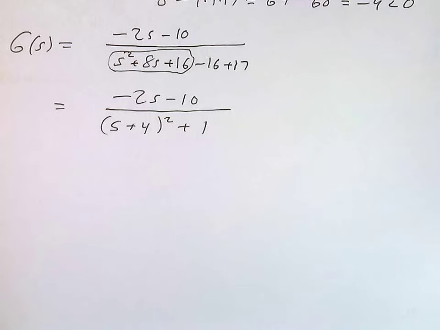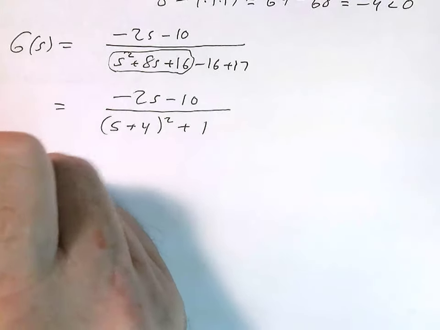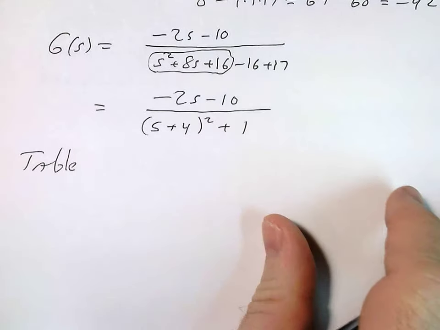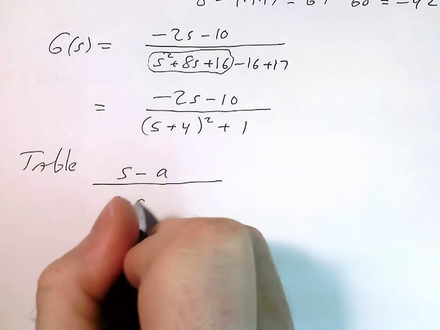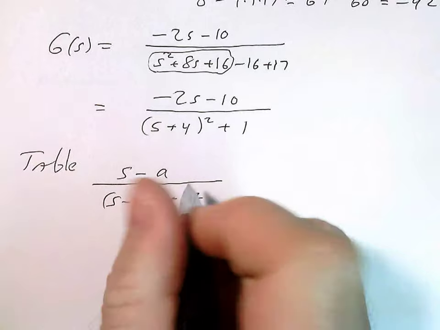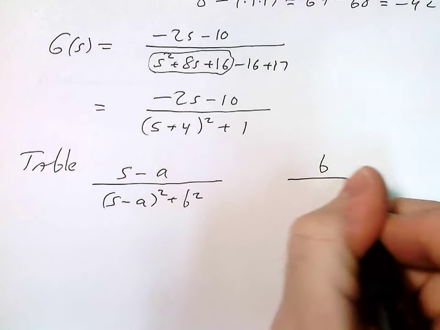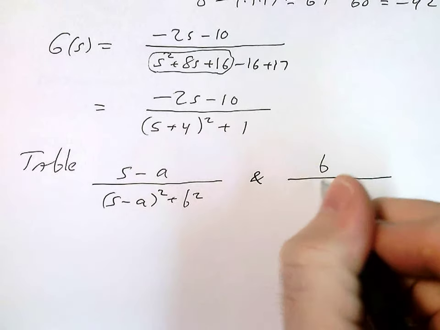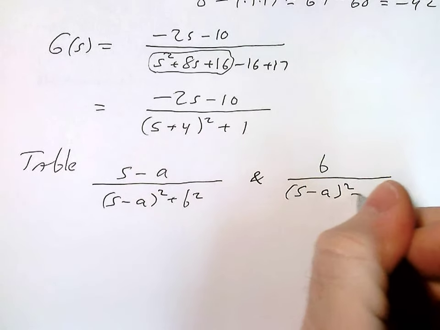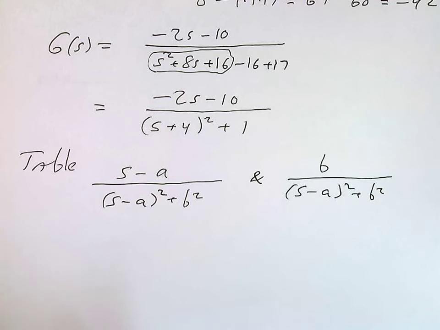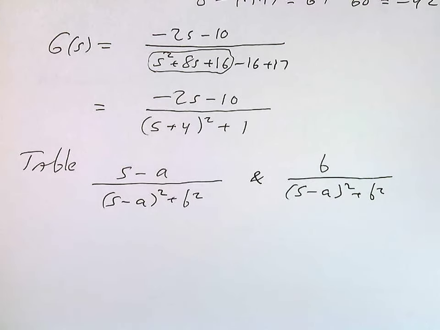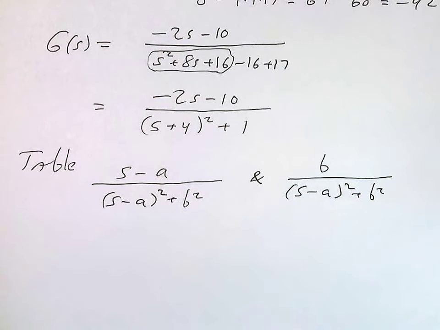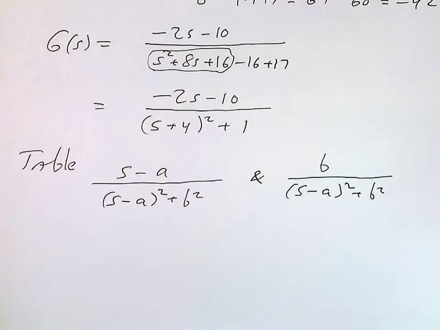Now, unfortunately, I don't have anything like this in my table. For my table, I have s minus a over s minus a squared plus b squared, and b over s minus a squared plus b squared. So what am I going to do here? Well, if I've done this once, I've done this a million times. I'm going to replace my s there by s plus 4 minus 4.